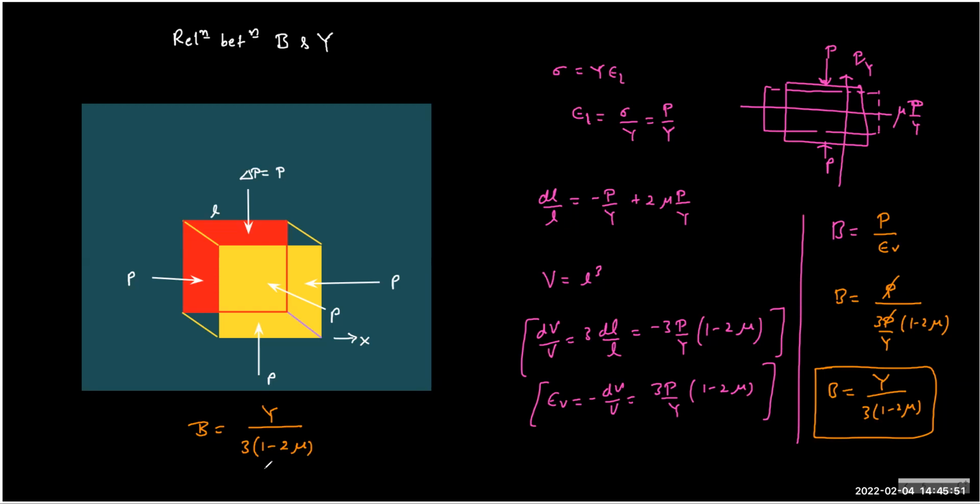This is easy to remember because you look at this number 3, 1, 2. 3 minus 1 is equal to 2, right? So can you explain that dl by L is equal to minus of P by Y? The volume of a cube is how much? So dl by L is equal to minus P by Y. Here one is the direct strain, which is the longitudinal, and this is the transverse strain.